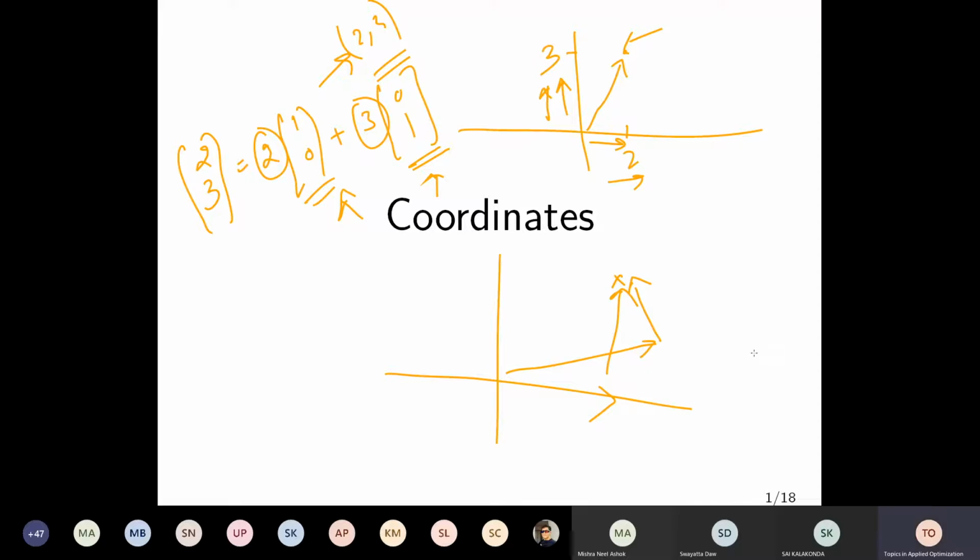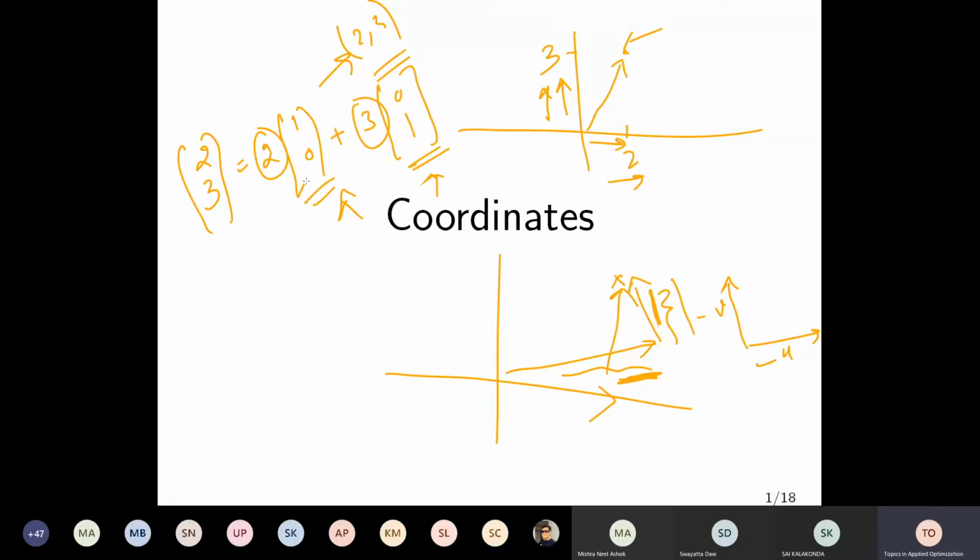If I pull these two directions to the origin, they look like this. But these are also a good basis for me, because I can reach anywhere. It's just that the concept of direction has changed, and also the length has changed. So the coordinate has changed because my basis has changed. Along this direction I may have to walk a lot more, and along this direction I may have to walk less. The amount I walk in this basis is the coordinate.